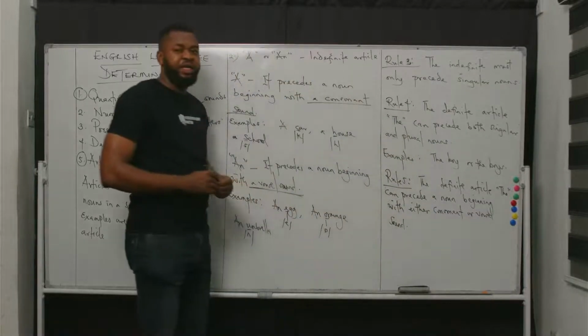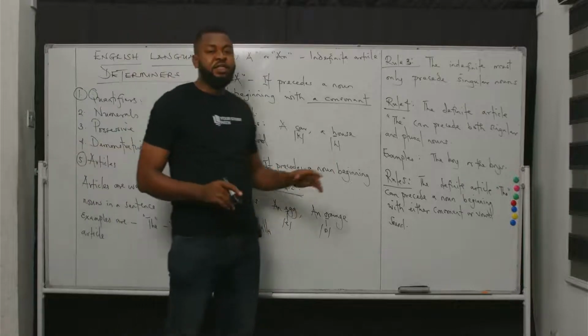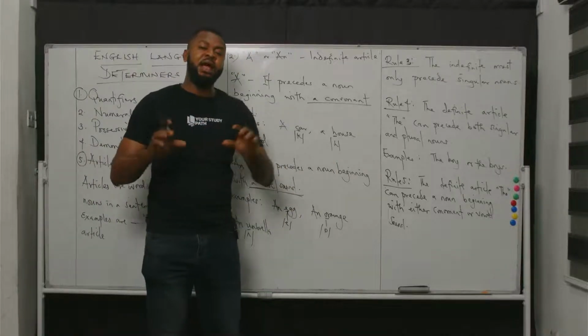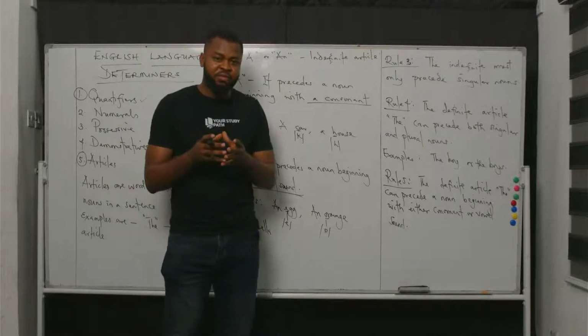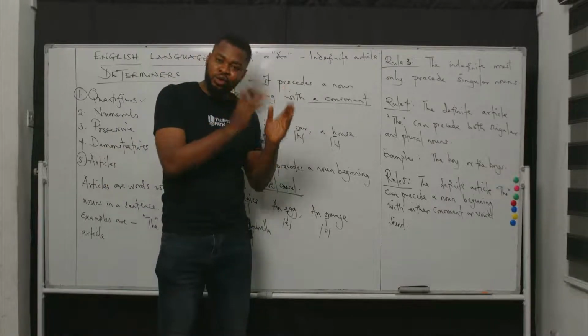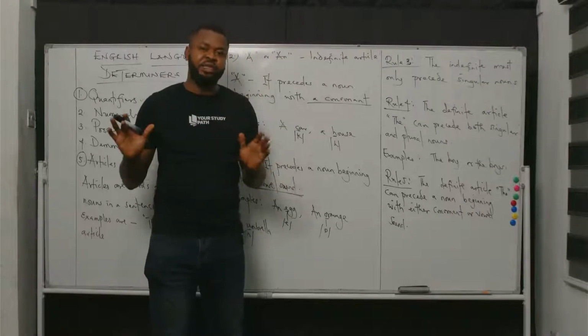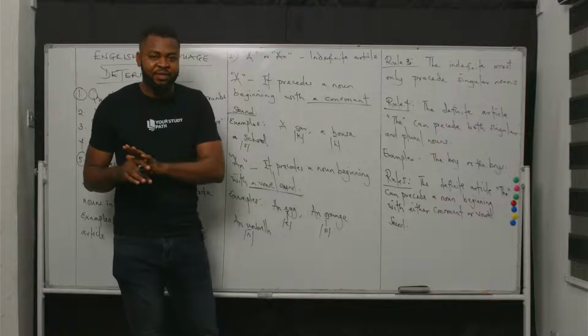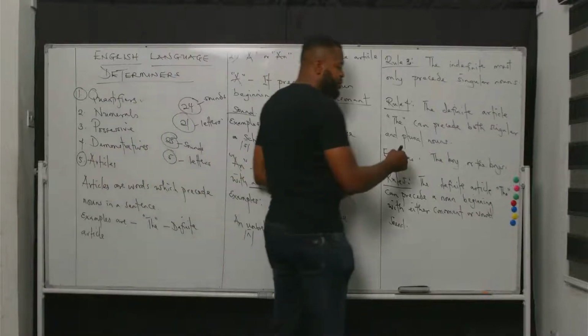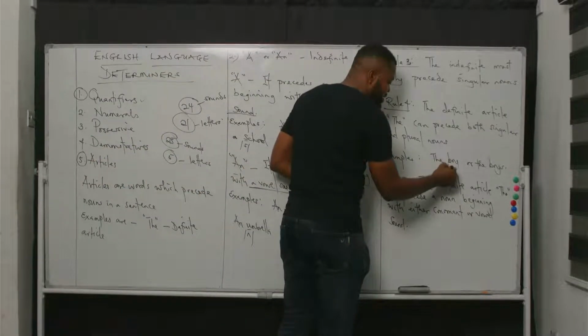So let me explain further. The definite article THE, all right, can precede a noun starting with either a consonant sound or a vowel sound, meaning that it is not sound sensitive. For example, look at the boy. The letter B is a consonant.